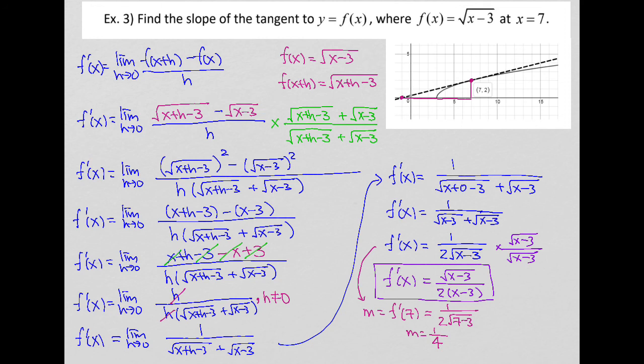So I can write this: 8 units to the right, which is your run, 2 units up, which is your rise. So slope equals rise over run, which is 2 over 8. Slope is 1 over 4. So therefore we can say at x equal to 7, the slope of tangent on the function square root of x minus 3 is 1 over 4.